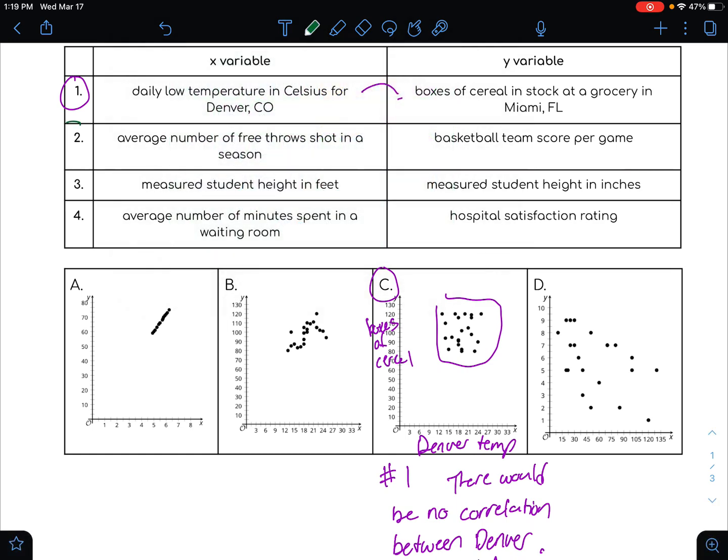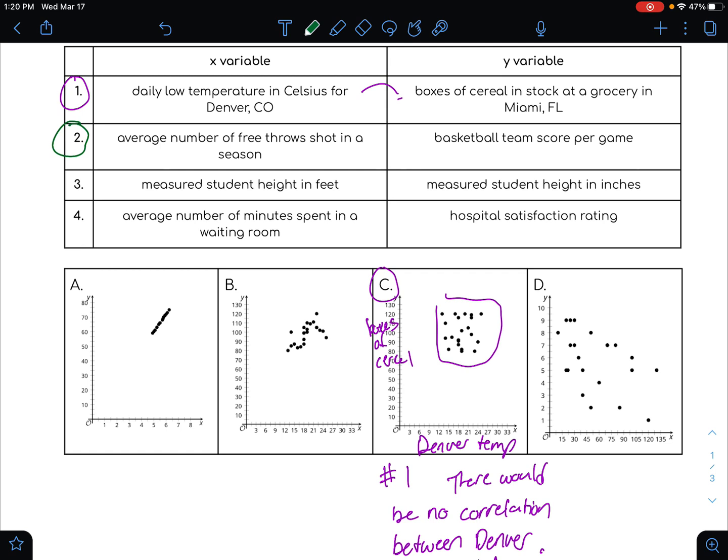Okay. All right, let's look at the second one. So this one, average number of free throws shot in a season, basketball team score per game. All right, so free throws are a way of earning points in a basketball game. So it seems to make sense to me that as the number of free throws increases, so would the score. But it's not the only way of scoring points in basketball.